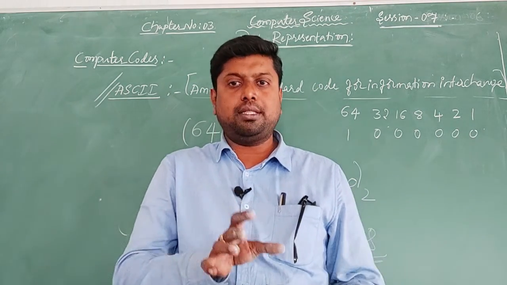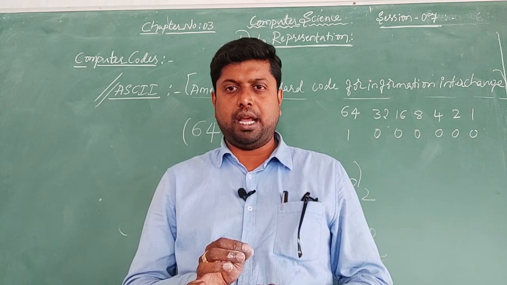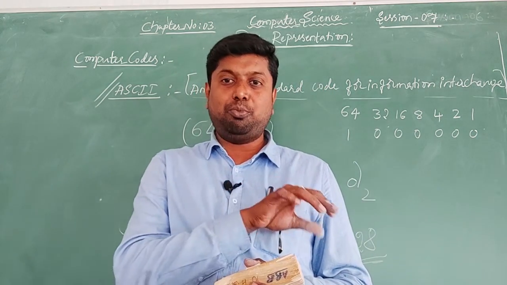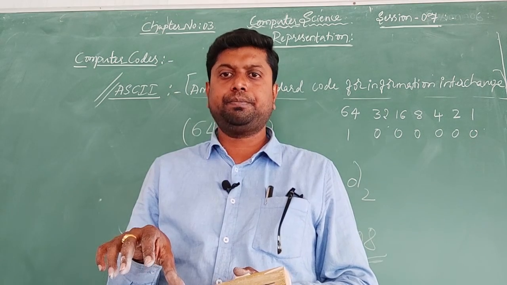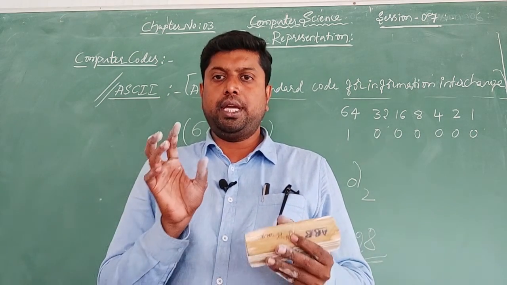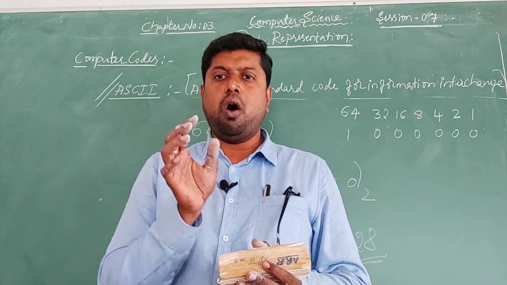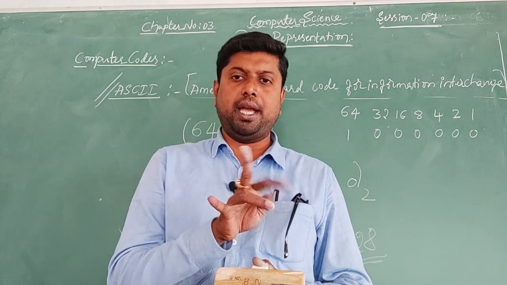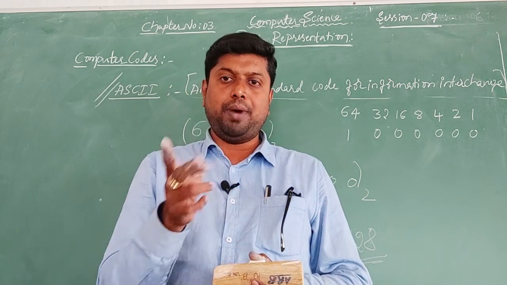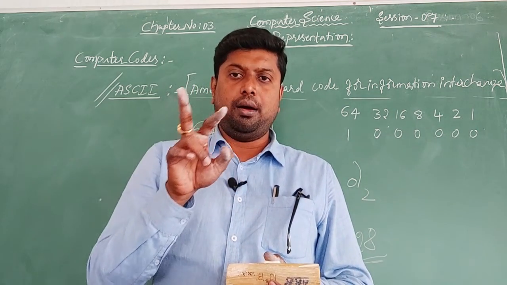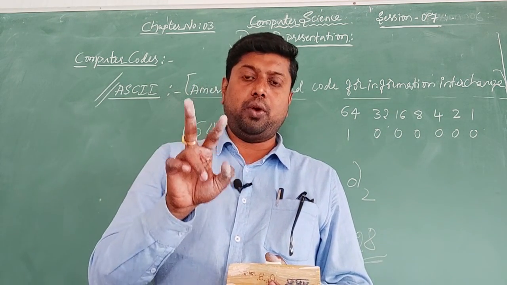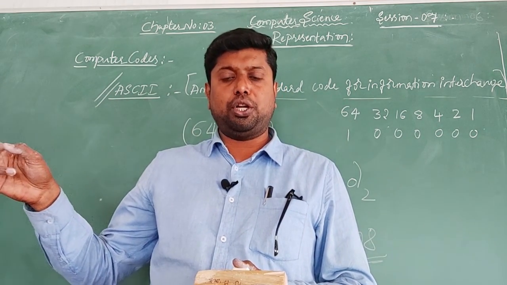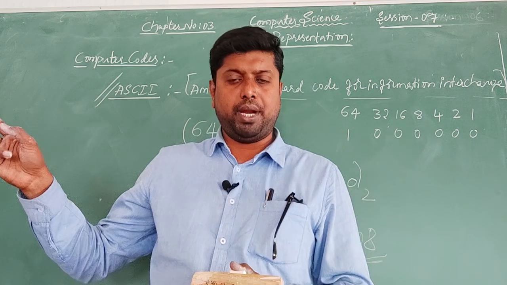So, concluding the chapter, dear students, data representation. Once I will brief what concepts we learned in this chapter. In data representation, all types of problems, conversions: decimal to binary, binary to decimal, octal to binary, binary to octal, hexadecimal to binary, binary to hexadecimal, like that we have interconversions of all types of the positional numbering system.